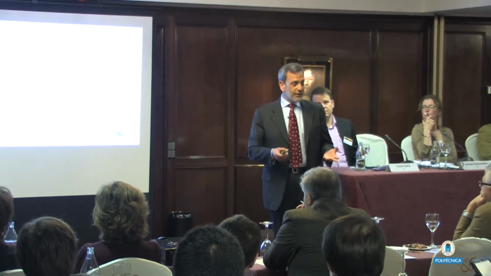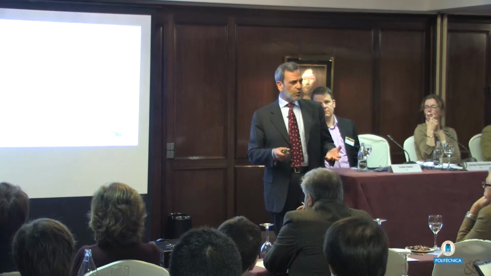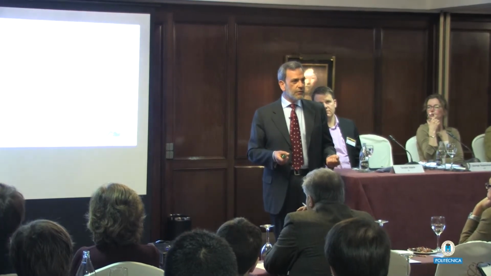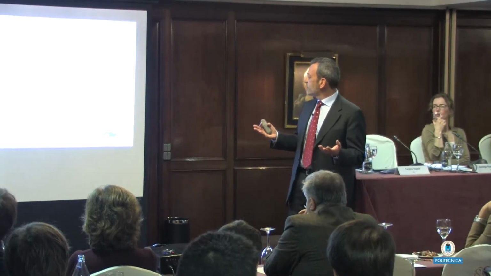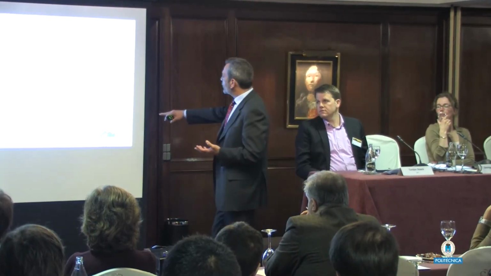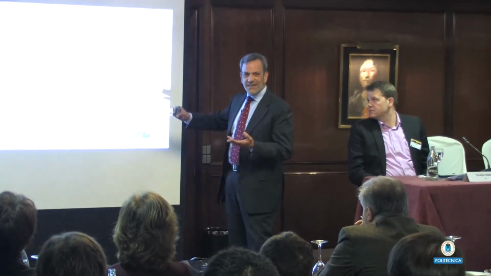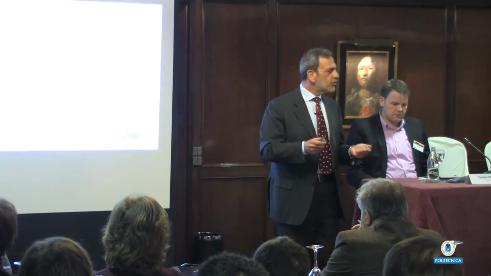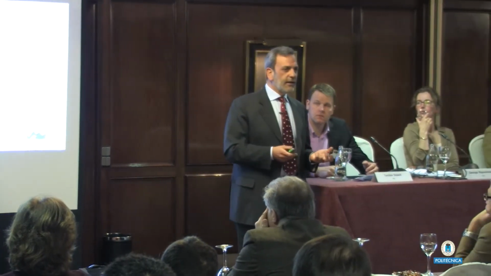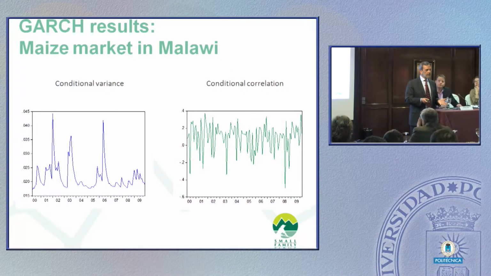Actually, volatility in 2002 dwarfs volatility in 2008. But looking at the correlation, if you look at the green line around 2008, it's negative, it's positive. You cannot get a clear story. This tells you that it's probably domestic sources that increase this volatility. And in the case of Malawi, it is actually policy.